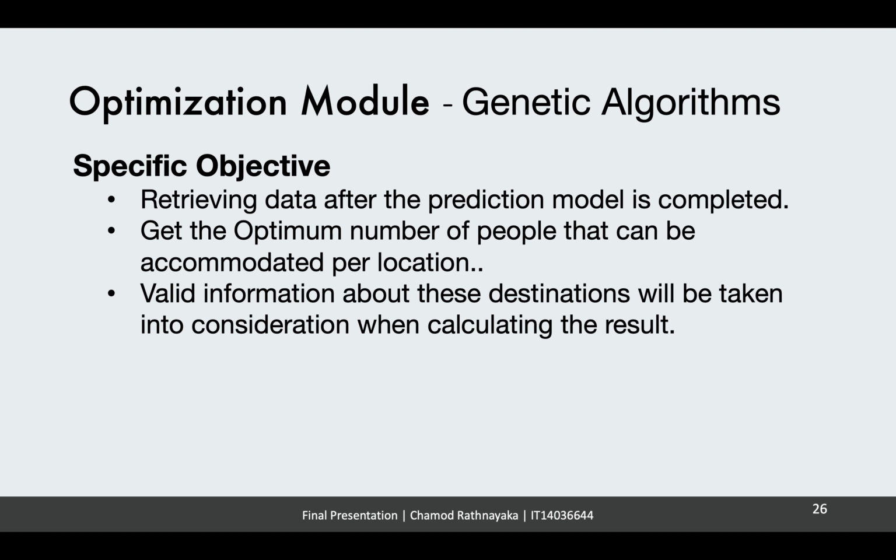So what we are doing is, from the prediction module, we are getting the values, sending them through the genetic algorithm, evaluating through the fitness function, and getting an output.